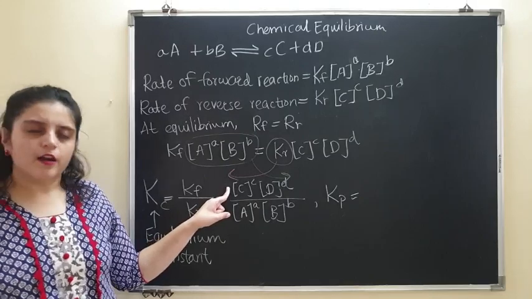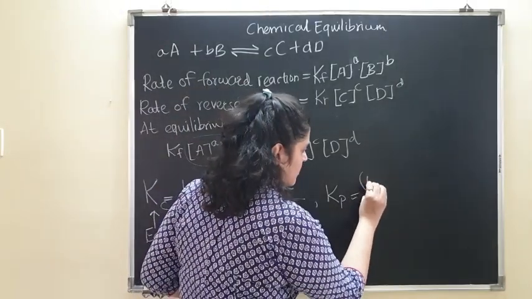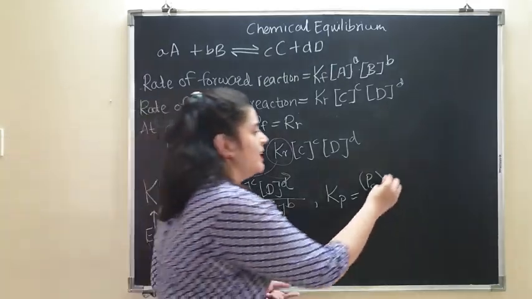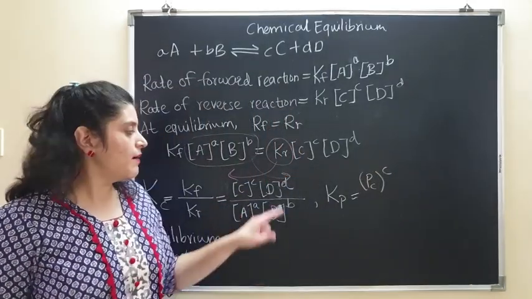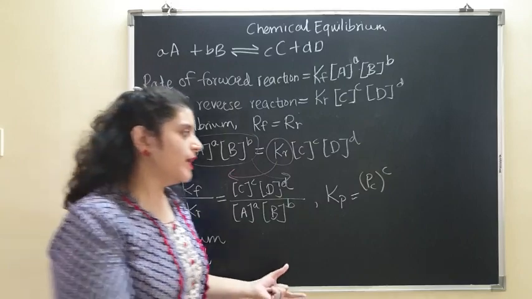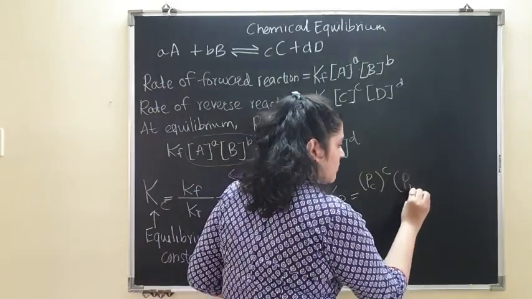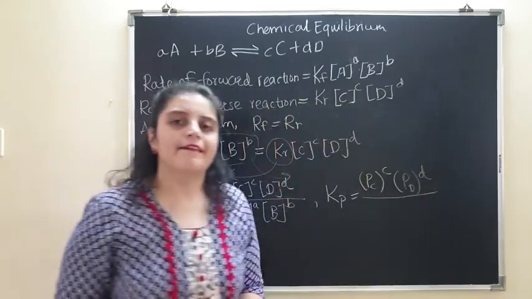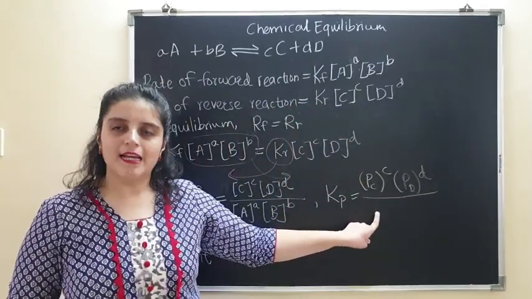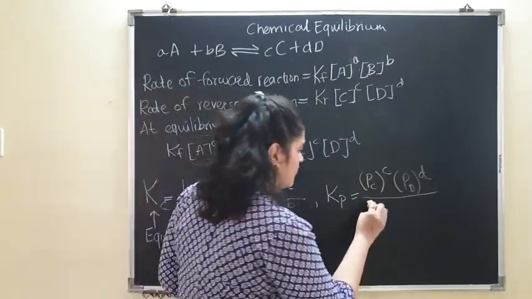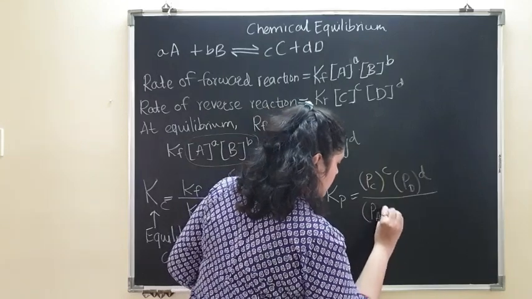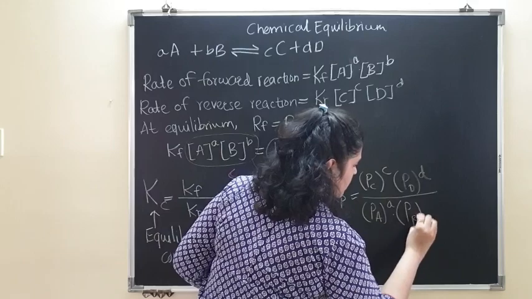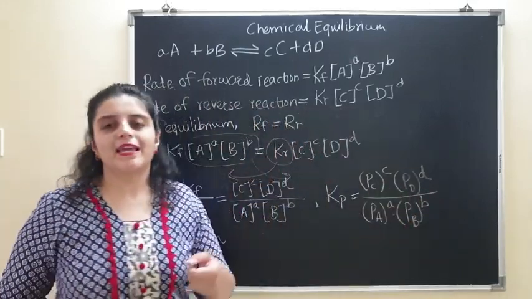So pressure of C raised to c multiplied by pressure of D raised to d divided by pressure of A raised to a and pressure of B raised to b.